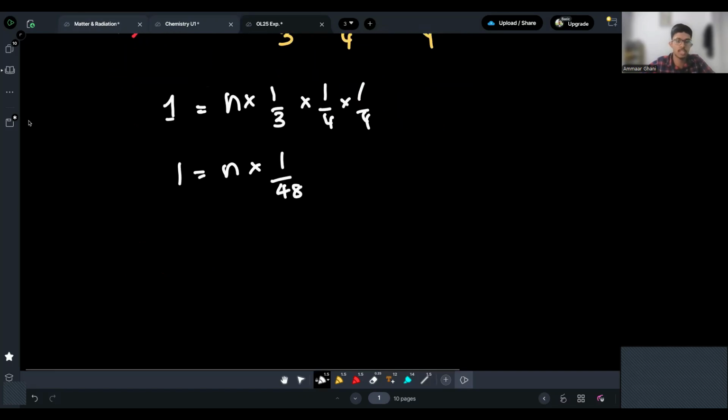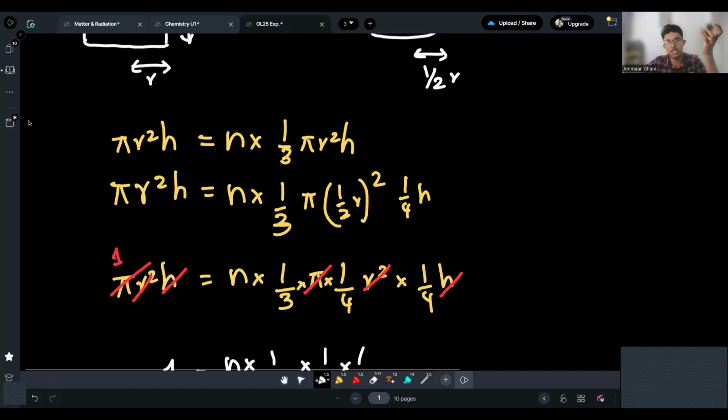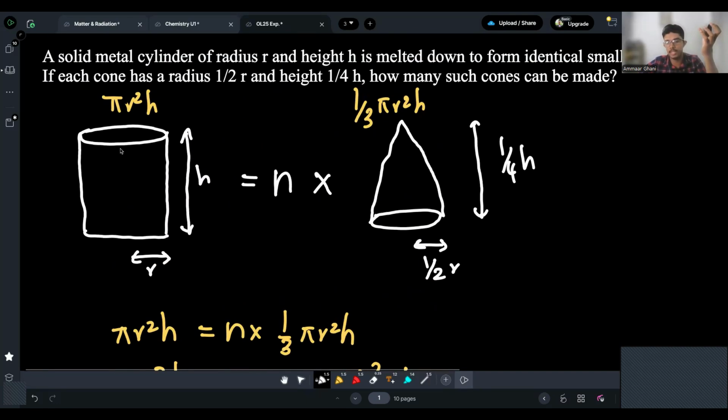So you move 48 to the other side, n is going to be 48. So you can make 48 cones using the metal melted from this cylinder. Like using this cylinder's metal, you can make 48 such cones.